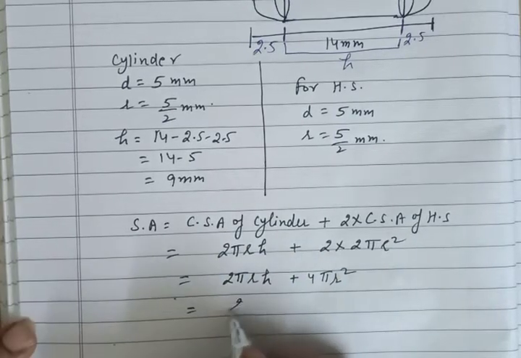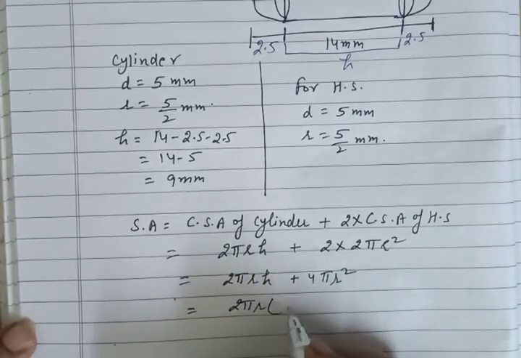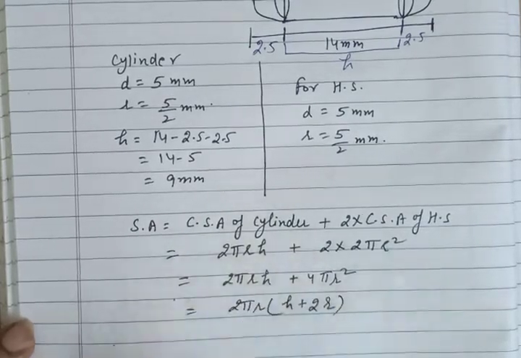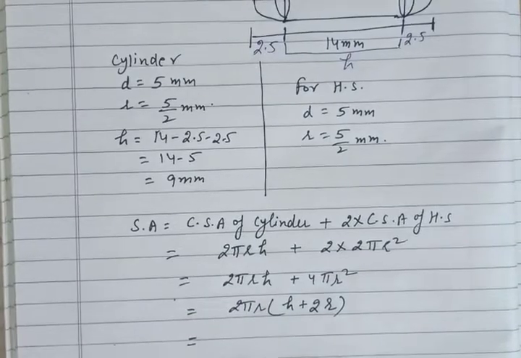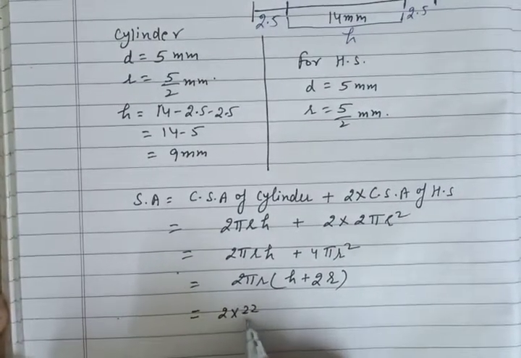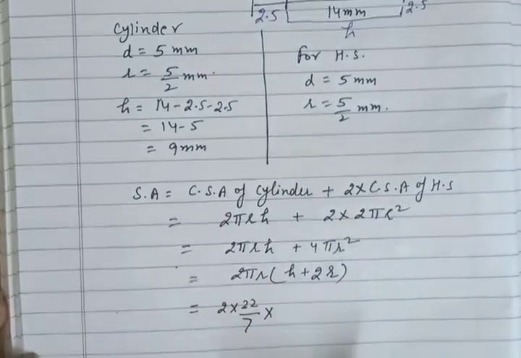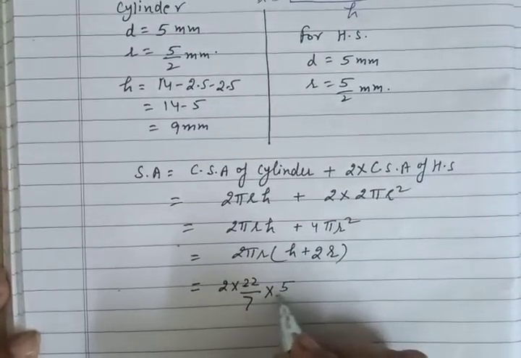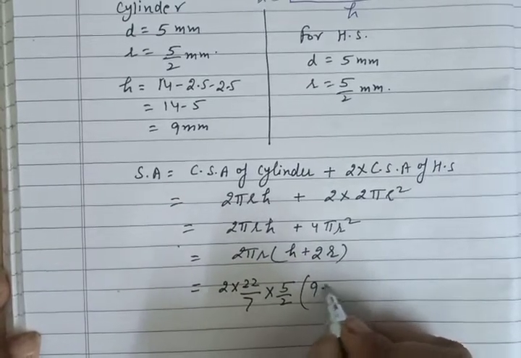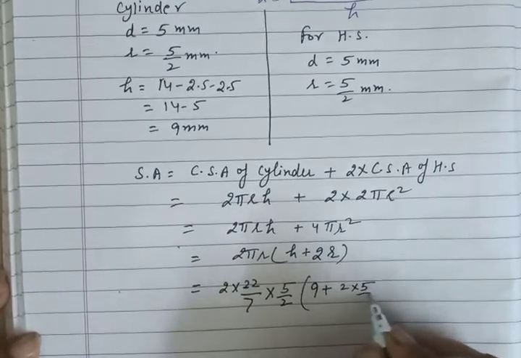If we take 2 pi r common, what is left inside is h plus 2r. And finally, by putting the values, we get 2 into 22 by 7, r is 5 by 2, h is 9 plus 2 into 5 by 2.